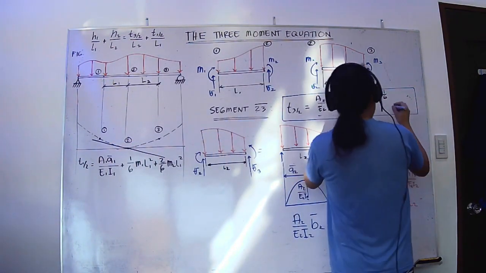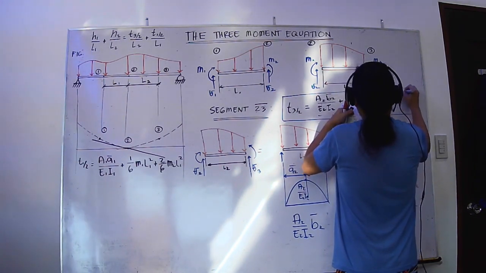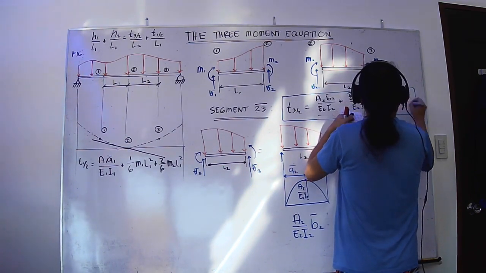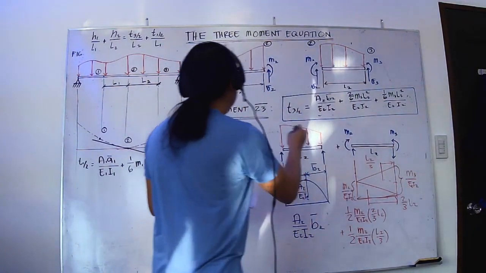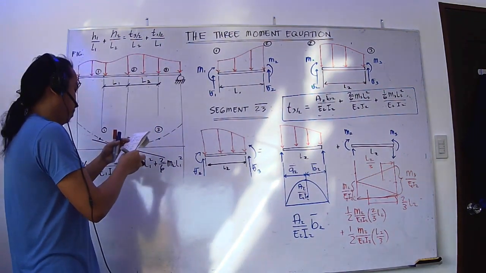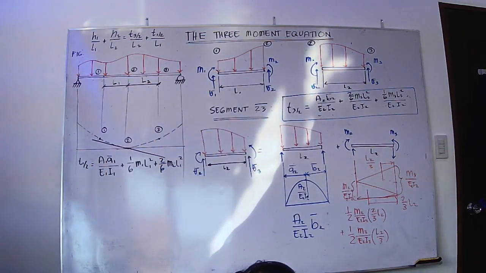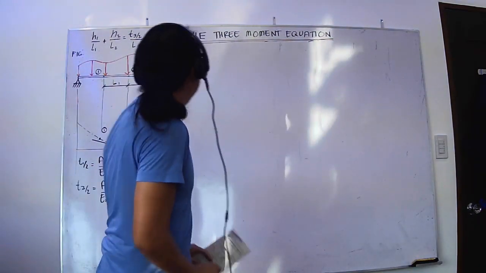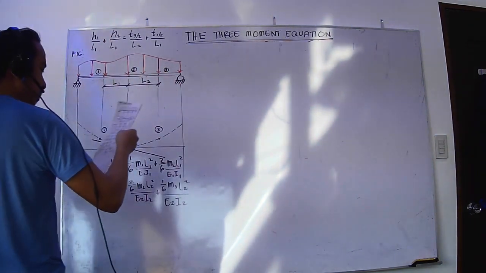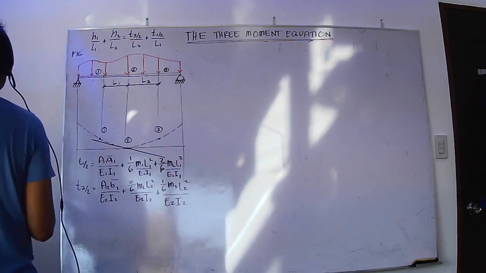That is 1 over 6 M3 L2 over E2 I2. Okay, so we have this kind of expression as an identity. Okay. So, more or less, we now have complete material for constructing the constant moment equation, right?